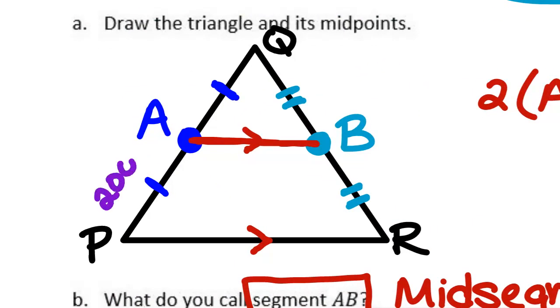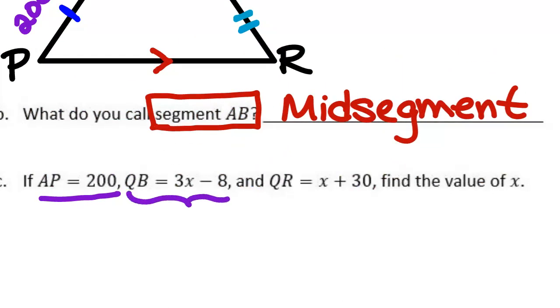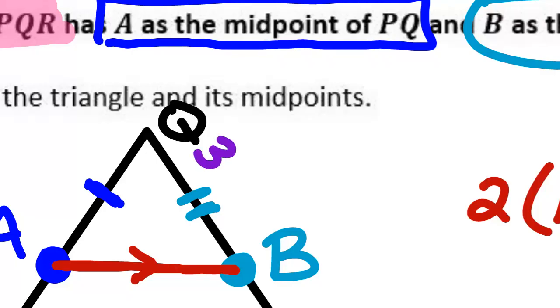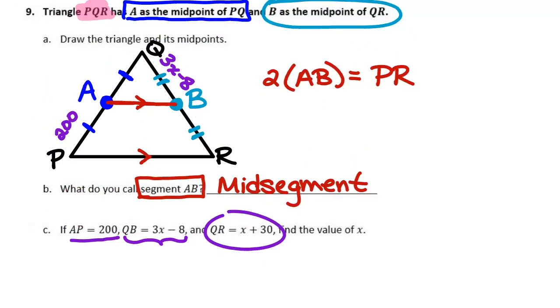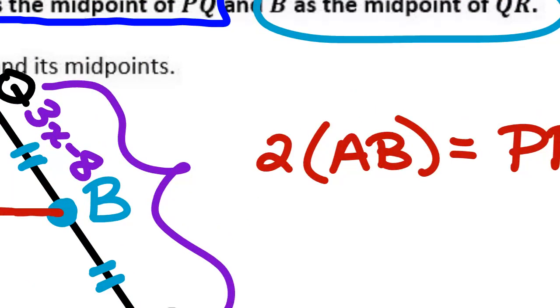AP is this right here. That's 200. QB is 3x minus 8. And QR is x plus 30. So QR is this whole thing right here. That's x plus 30.